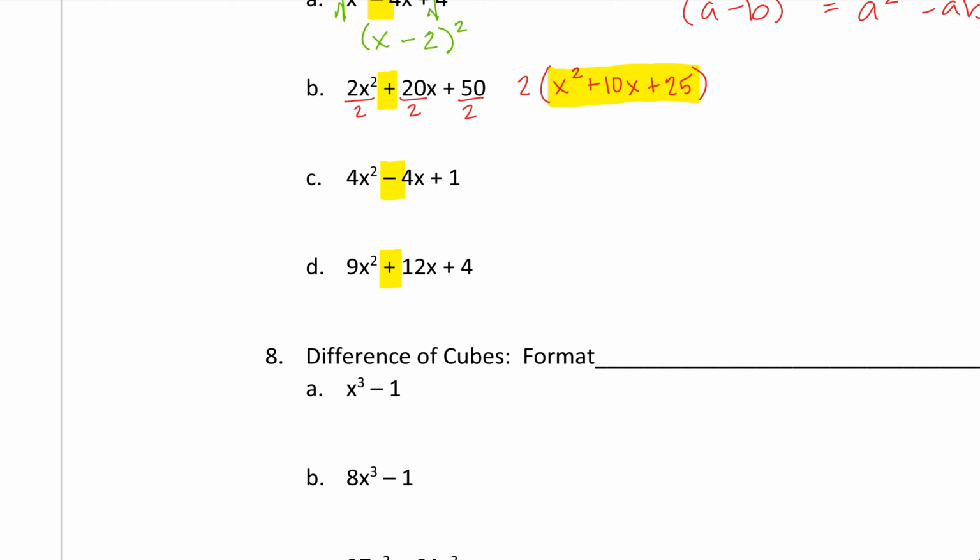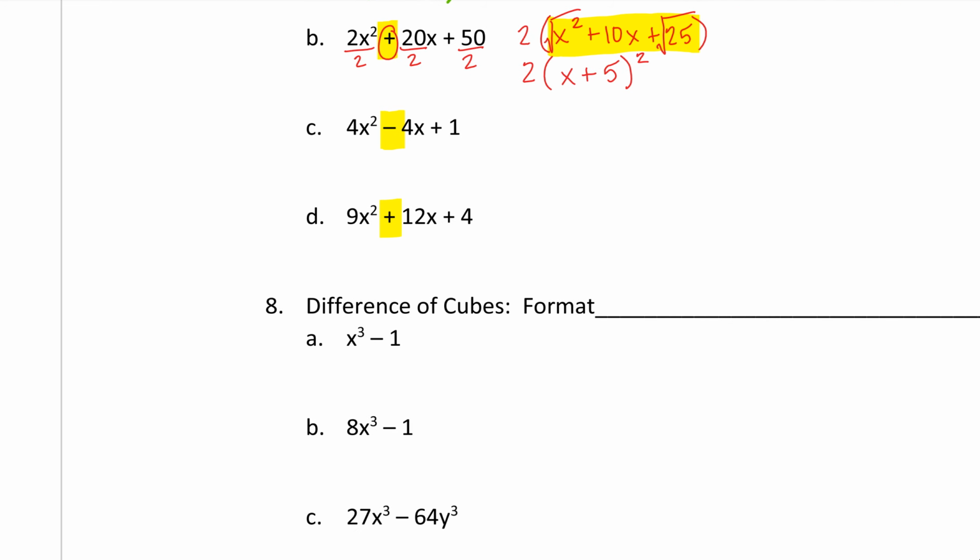In this case, I can. So I take the square root of x squared and 25. I bring that 2 down. I have an x. Again, my sign was a plus, so I'm going to have a plus 5 with a square on the outside. And this is my final answer.